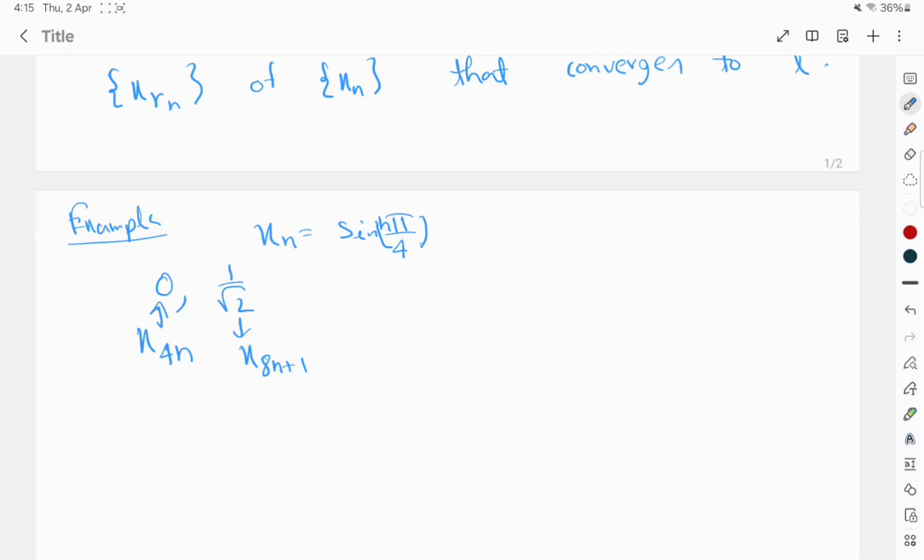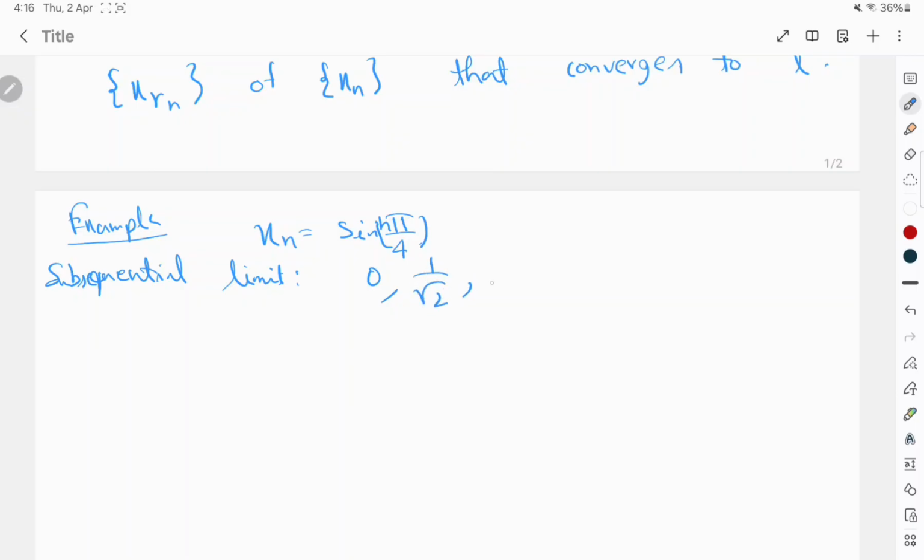So how many possibilities of subsequential limit are here? Basically the subsequential limits are 0, 1 by root 2, and minus 1 by root 2. I think these three are all the possible subsequential limits. Okay, fine.